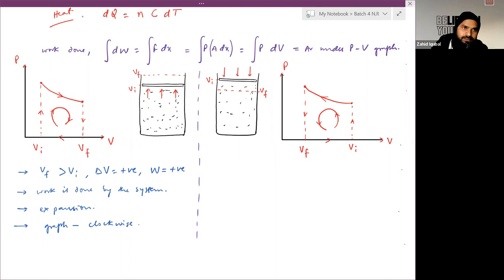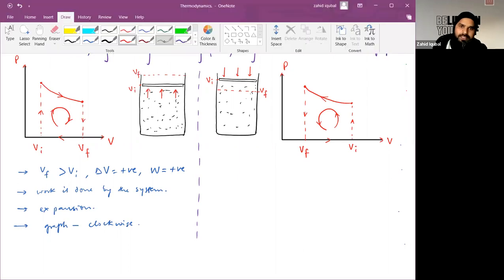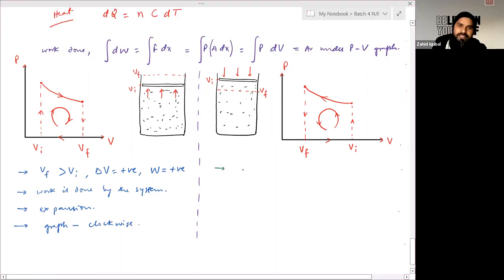So let me define it to you. In this part, the final volume is decreasing as compared to the initial volume. So the change in volume will be negative. So work done in this case will be negative. And in this part, work is done on the system by an external agency to compress it.